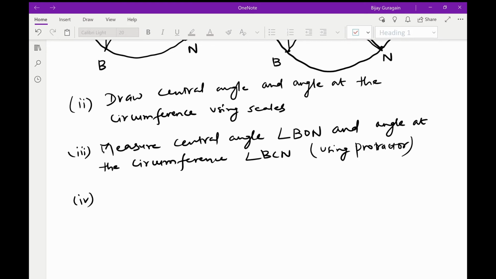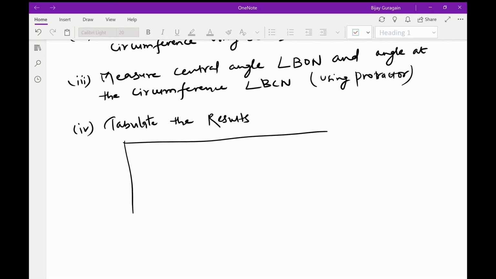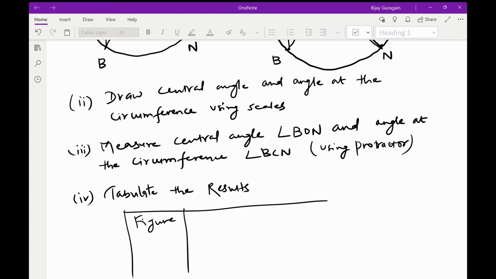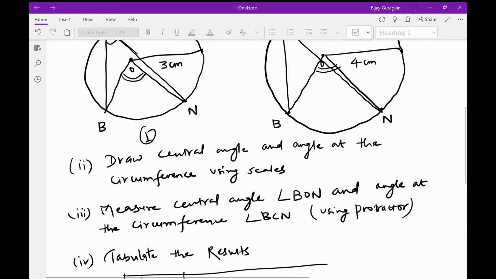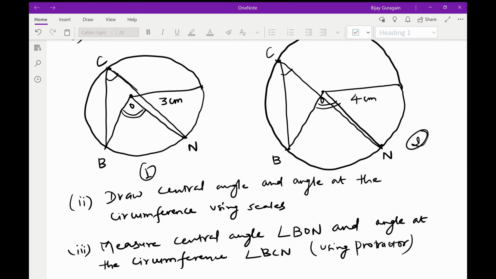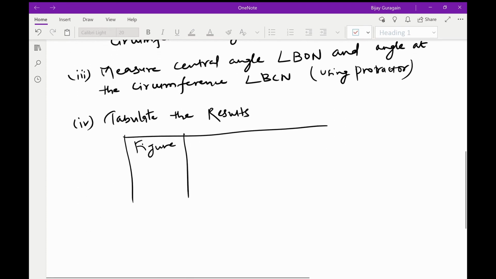Our fourth step is tabulate the results. So we'll tabulate the results. Let's make a table here. So this is my table, and this gives my figure, which is figure 1 or 2. Let us say this one is figure 1 and this one is my figure 2. Figure, and then I have my central angle.